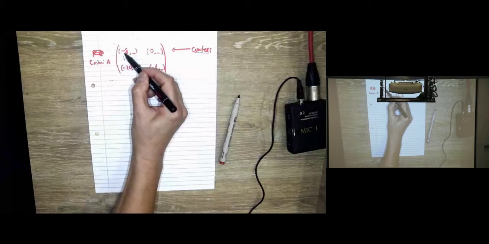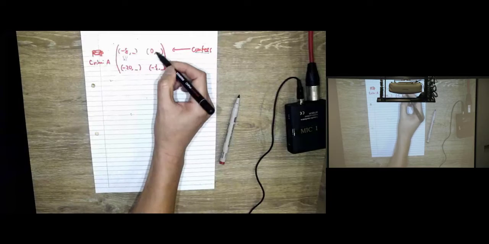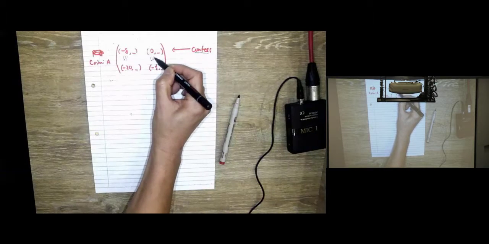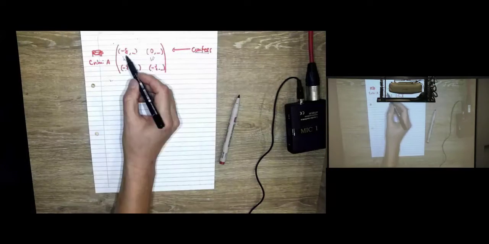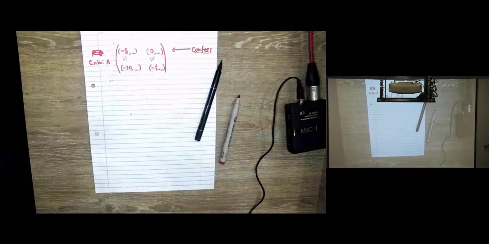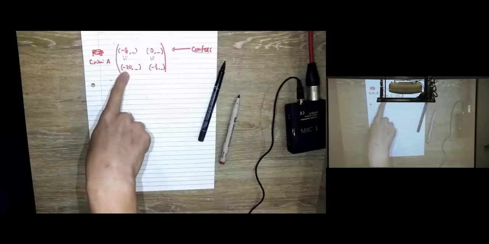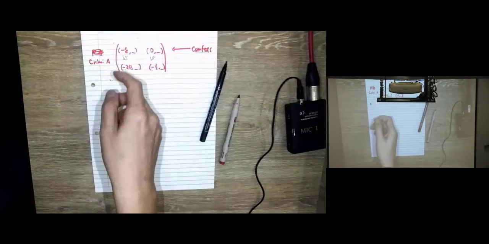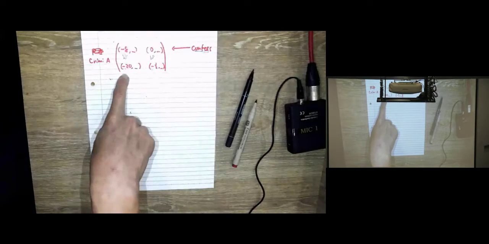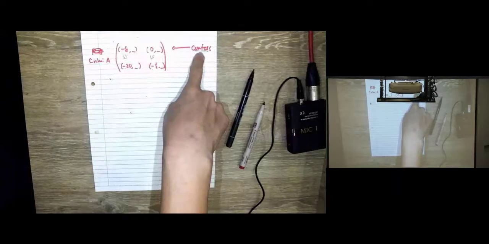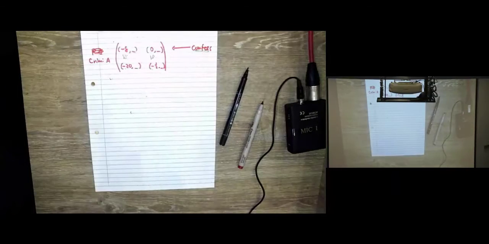So this entry is bigger than that entry. Similarly, this entry is bigger than or equal to that entry. So at every possible entry, the first strategy gets a better reward than the second strategy. So that's why this first strategy is the dominant strategy.